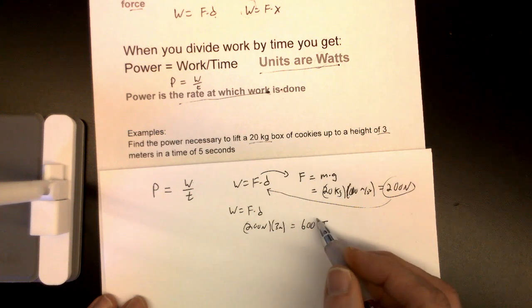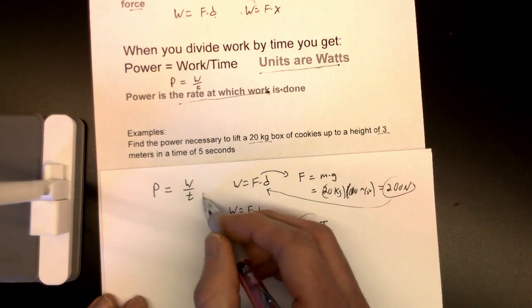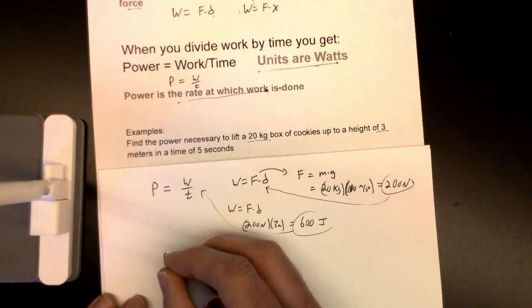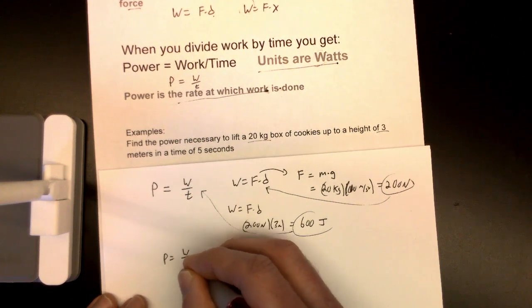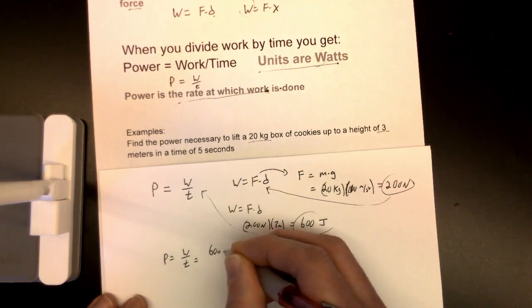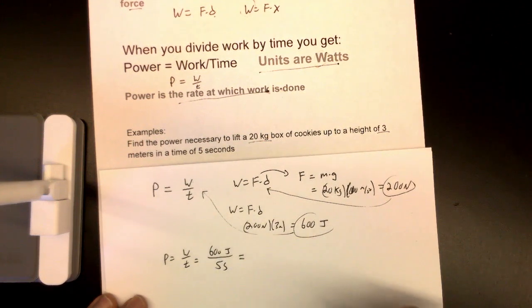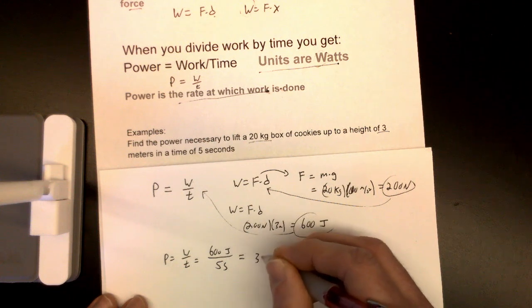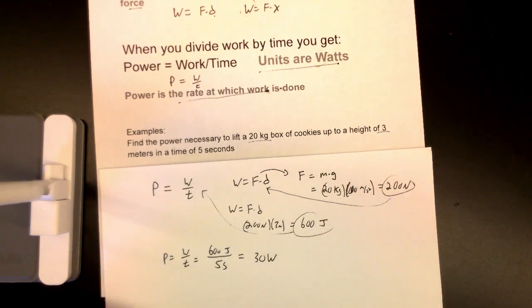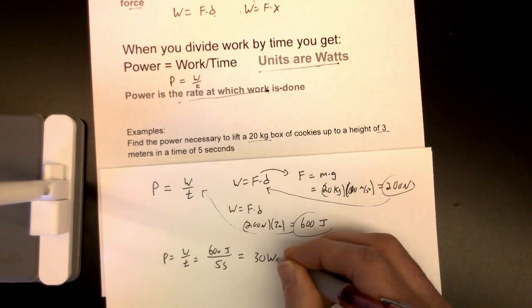And now I can take this 600 joules and put it back into our power equation over here. Power equals work divided by time. So we get 600 joules divided by 5 seconds. And that's going to give me 30 watts. And I'll write it down here as watts.